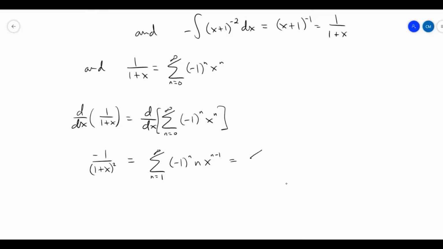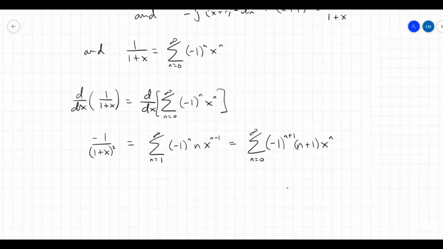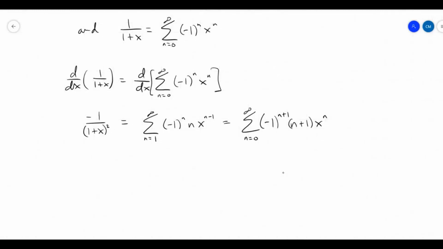And we would also like to keep it so that it does have a 0 index. So I'm going to change it back to 0. And the way that you do that, again, is by, if you lower the index by 1, then all other occurrences of the n must be increased by 1. All right, so now what I have is the power series representation for the first derivative of that function. Let's differentiate it one more time.